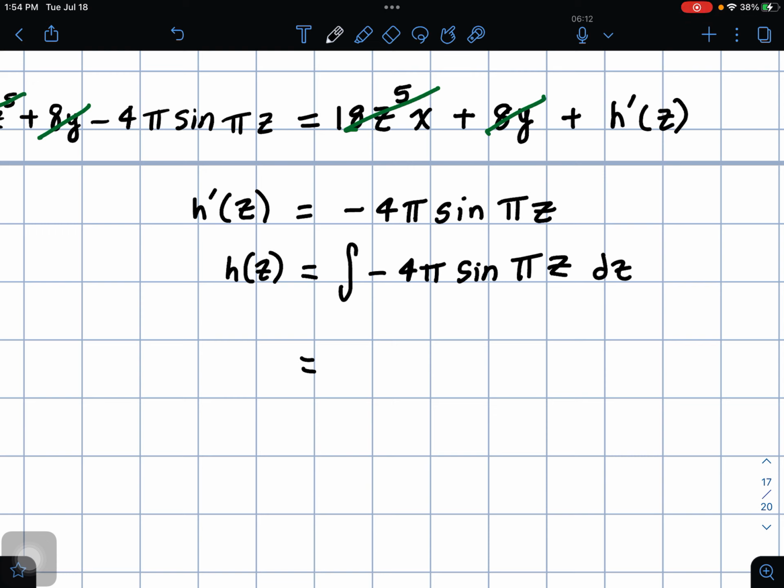When we go backwards, it goes to cos, so this is positive, right, because it's going backwards. And so I'm going to write that: 4 pi cos pi z, and then you divide by whatever is inside, like the derivative of it. So this is just pi.